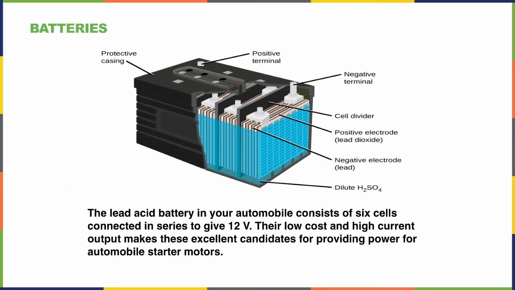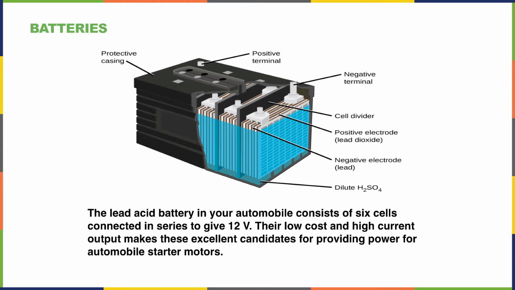This is a lead-acid battery. Lead-acid batteries are used in cars, and they consist of six cells that are connected in series. Each cell has 2 volts, so if you connect them in series, the total voltage is the sum of those volts, and you end up with 12 volts.